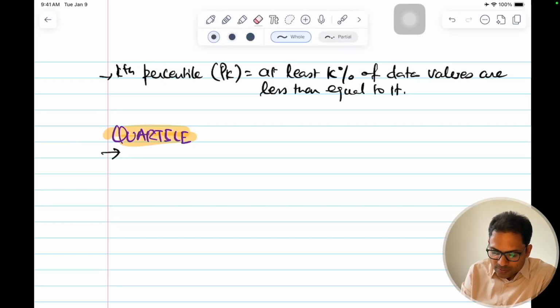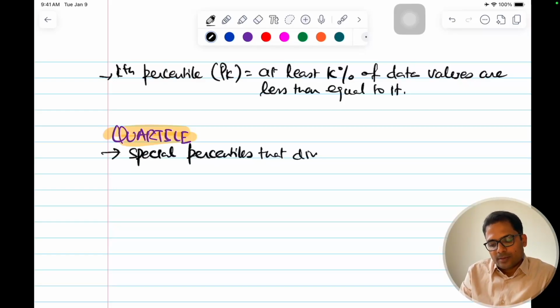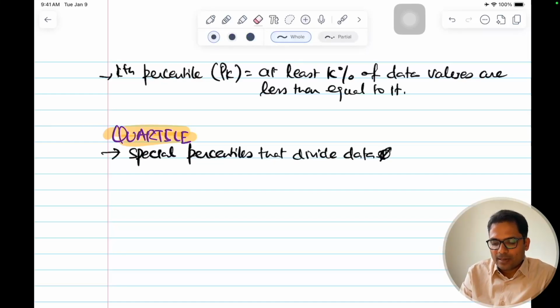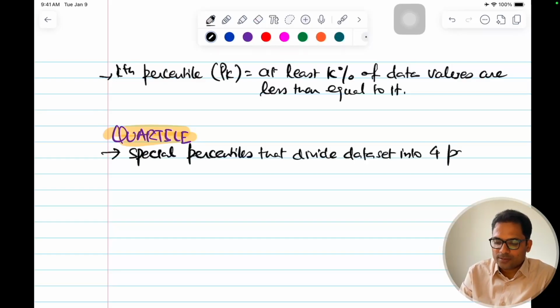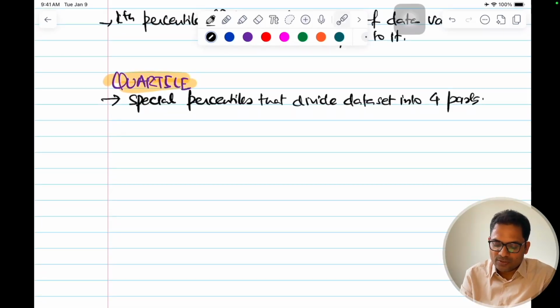These are special percentiles that divide the complete dataset, all n data points, into 4 parts. And this is again not affected by outliers.